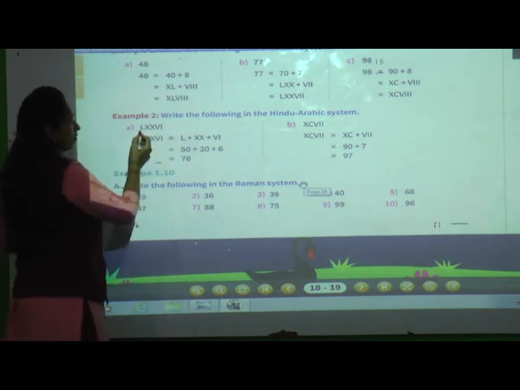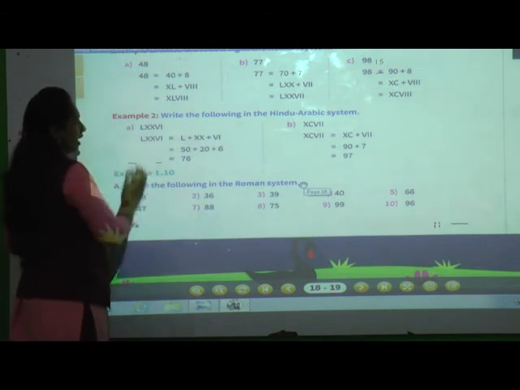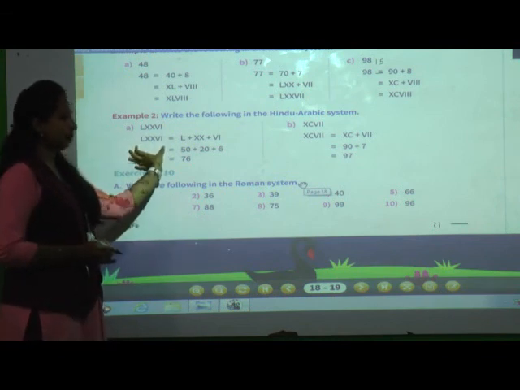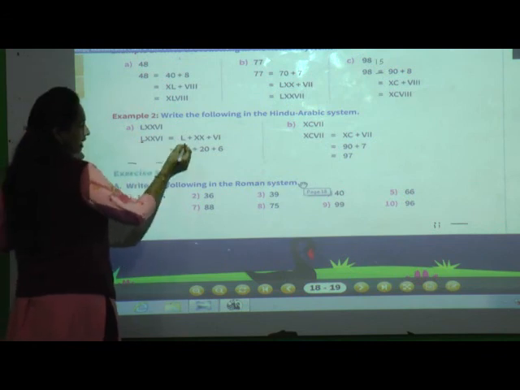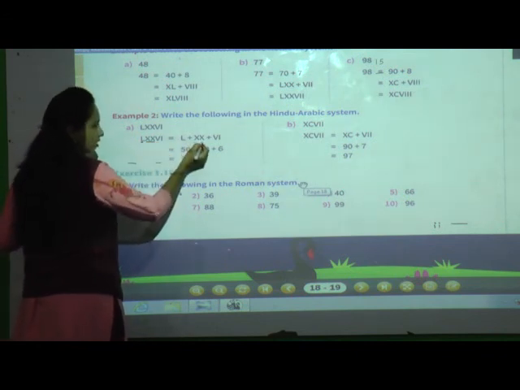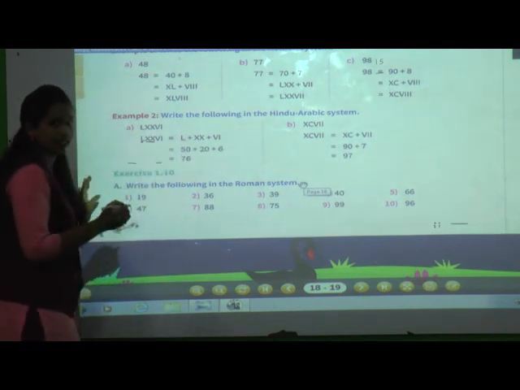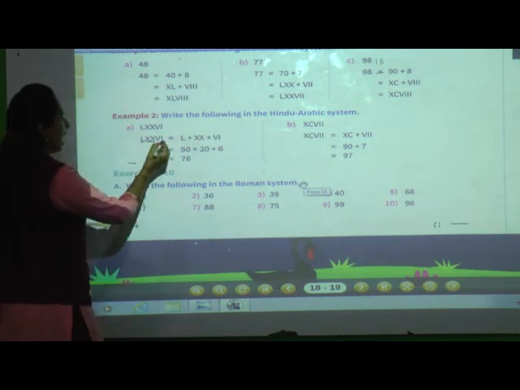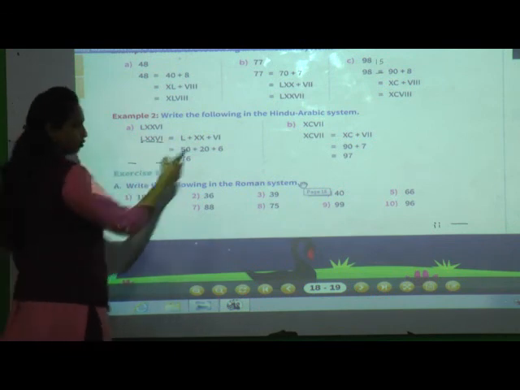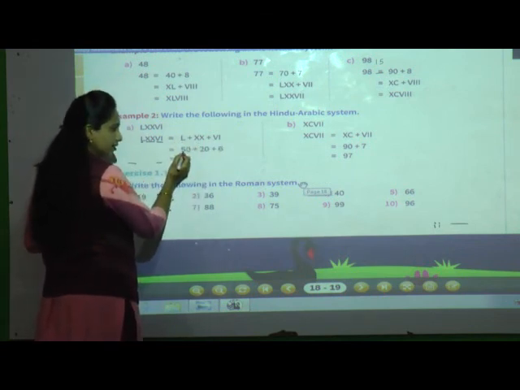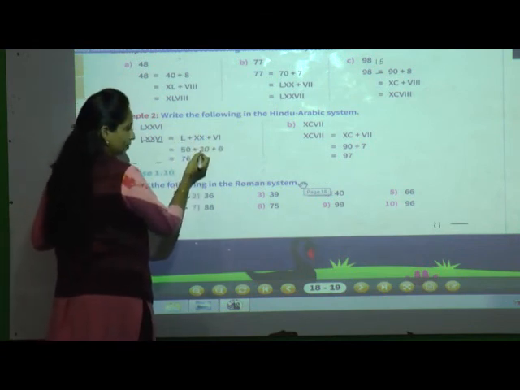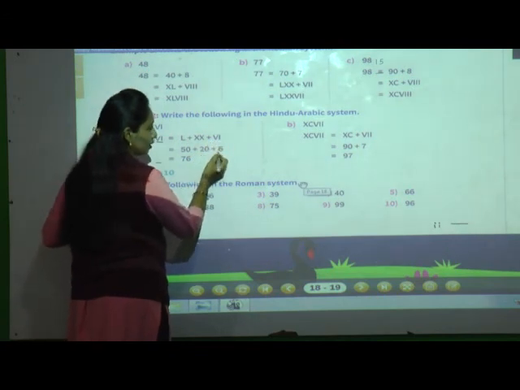Now see what they had given, LXXVI. Now we have to expand this Roman number. One L is there. Together XX you can write, because double X means 20, and VI value we know. So L means 50, double X means 20, VI value is 6.